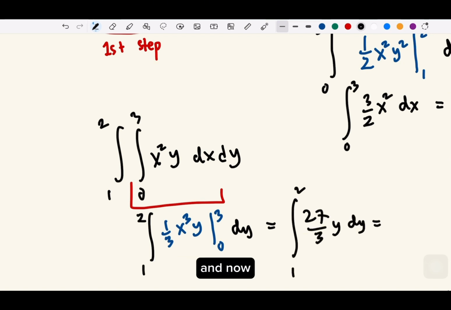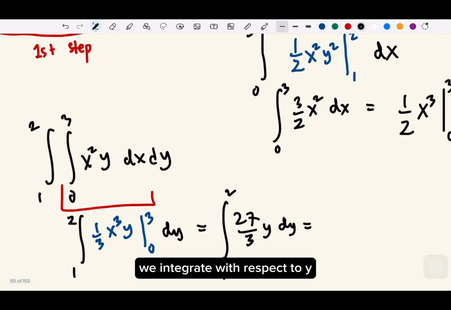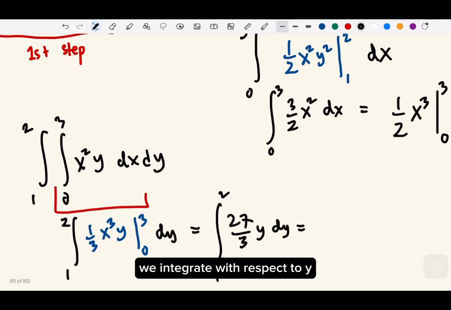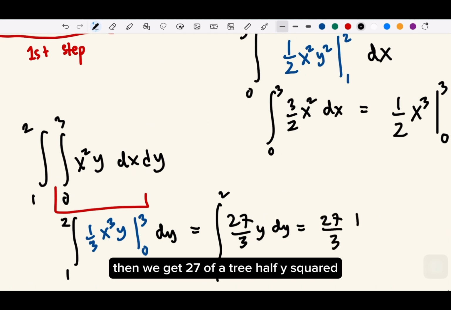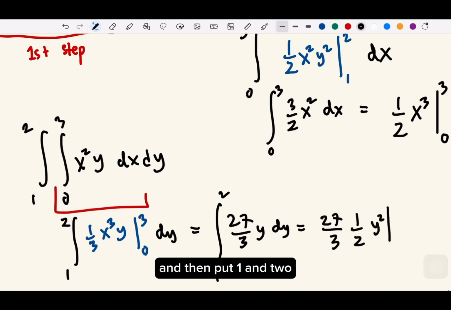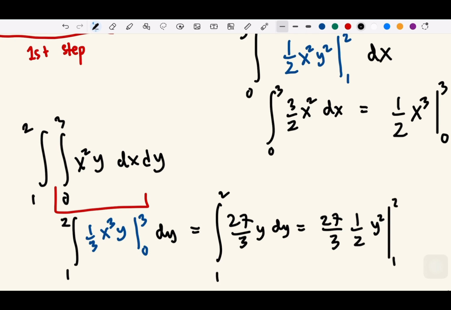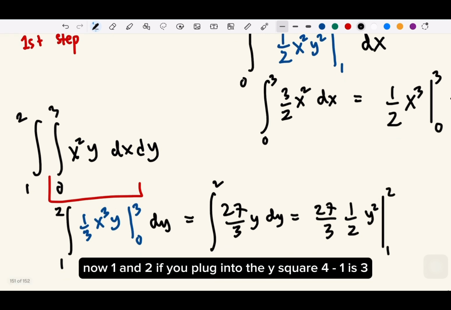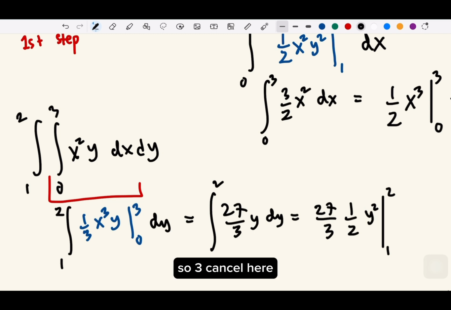Now we integrate with respect to y, and we get 27/3 times half y squared, from 1 to 2. Plugging into y squared, this is 4 minus 1, which is 3. So the 3 cancels here, and it becomes also 27/2.